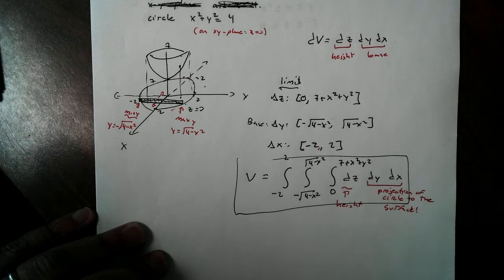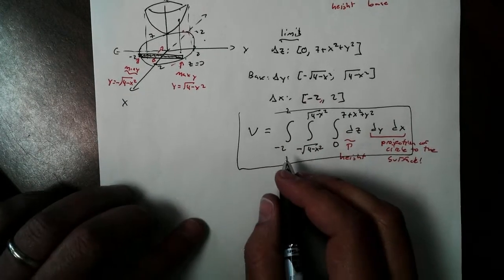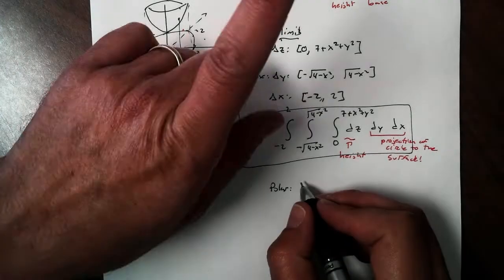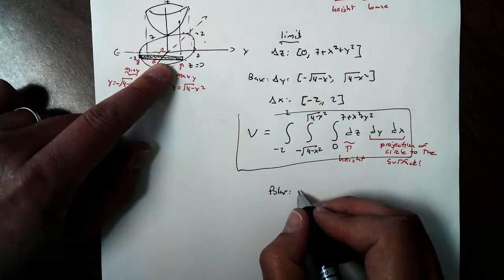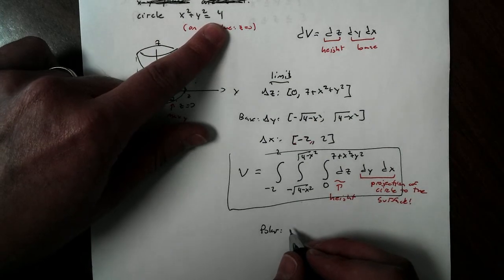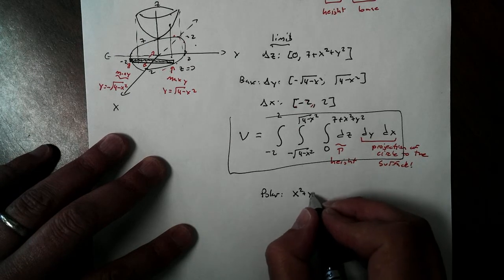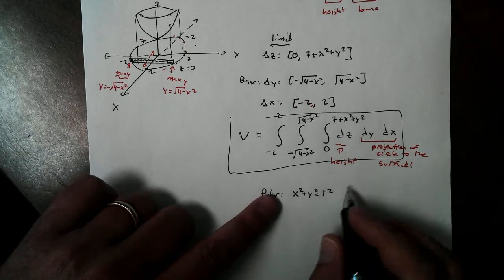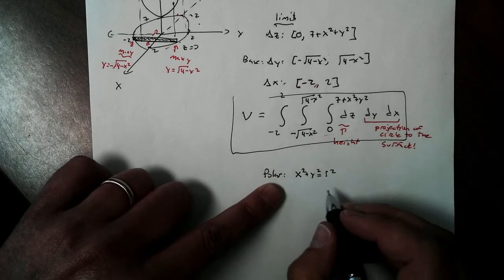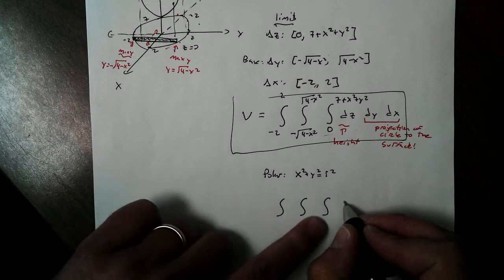Now, if we want to have some fun, we can actually convert this to polar. And we're going to talk about this tomorrow or the next day. If I convert this to polar, my base, x squared plus y squared equals 4, I can use my formula, x squared plus y squared equals r squared, to rewrite over here. We're still going to use dz.